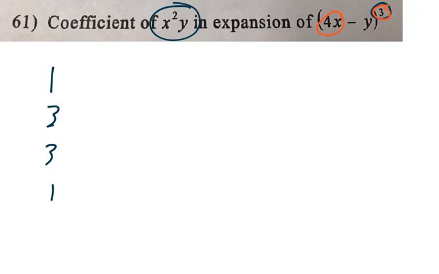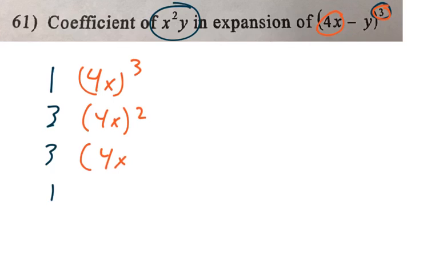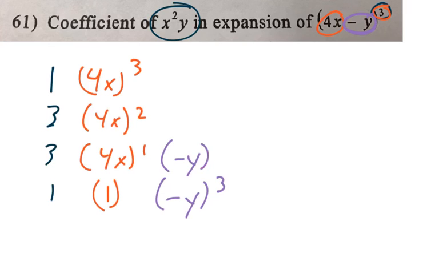I know 4x to the 3 will go 4x to the 3, 4x to the 2, 4x to the 1, and of course, 4x to the 0 is 1. I know the negative, watch the negative, guys, y to the 3 is going to do the same thing but going backwards. So -y cubed, -y squared, -y to the 1. Of course, -y to the 0 is just simply 1.